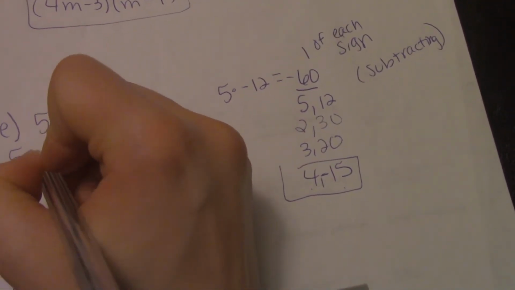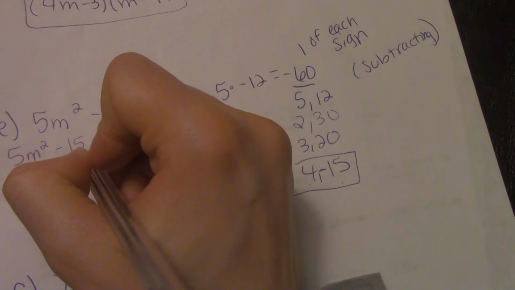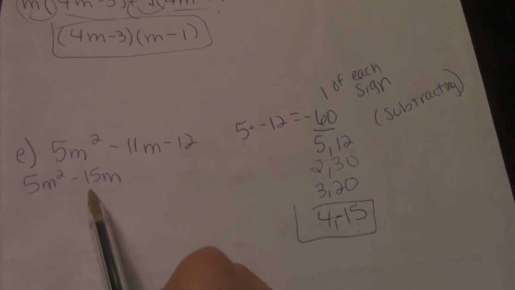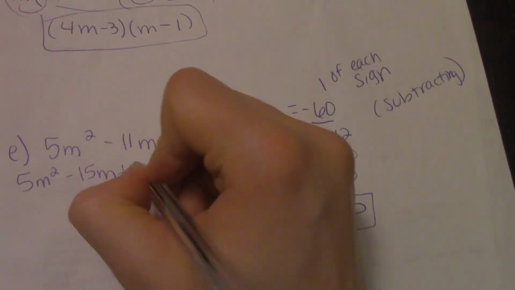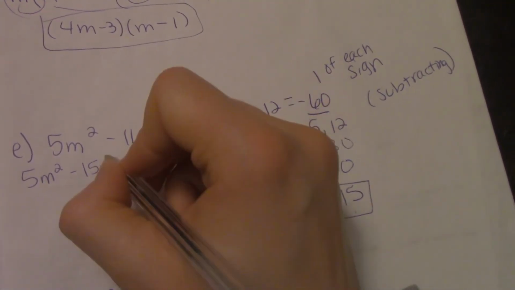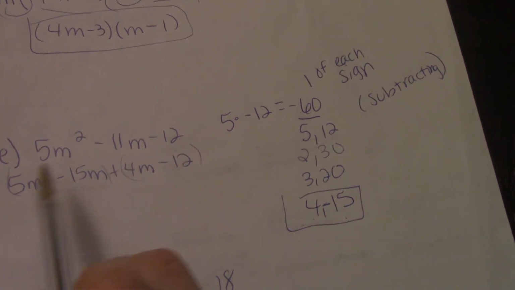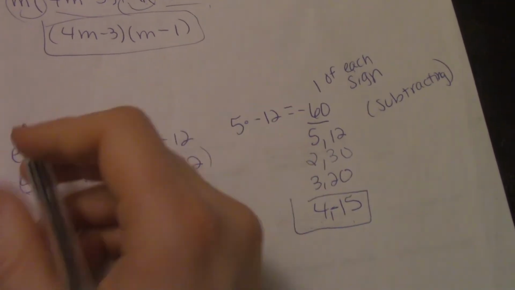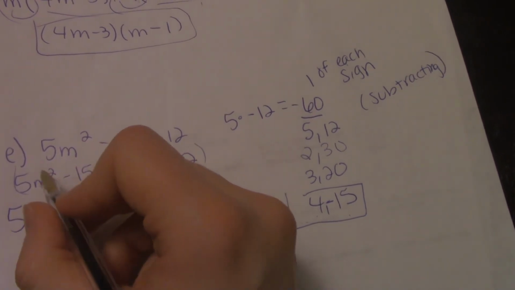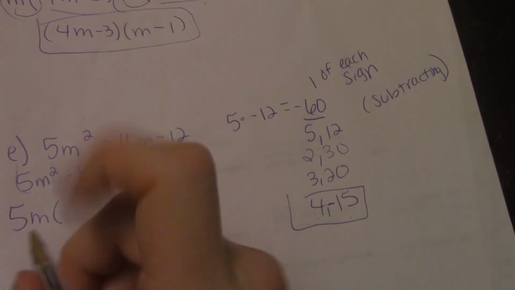So 5m squared minus 15m, and I'm putting the 15 first because I know that a number goes on both of these too, plus 4m minus 12. Put your parentheses. What number goes into both of these is 5, and an m goes into both. So 5 divided by 5 is a 1.